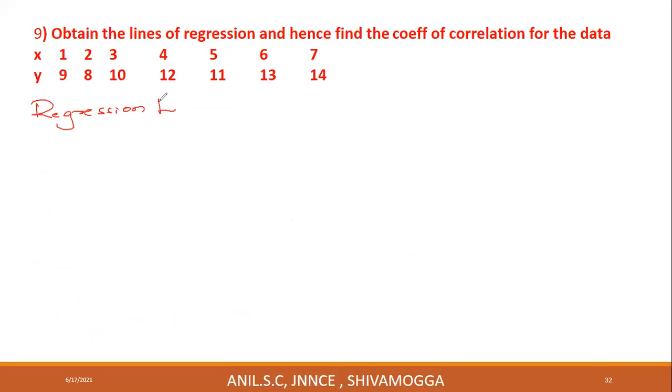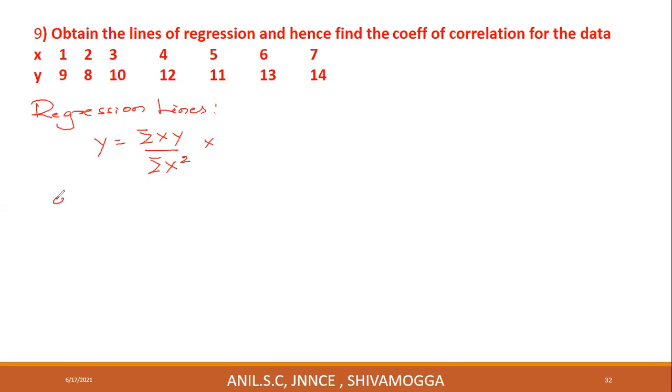Regression lines. First regression line. Capital letter Y is equal to summation XY divided by summation X square into capital letter X. Substitute.